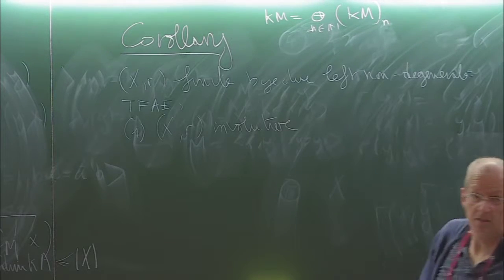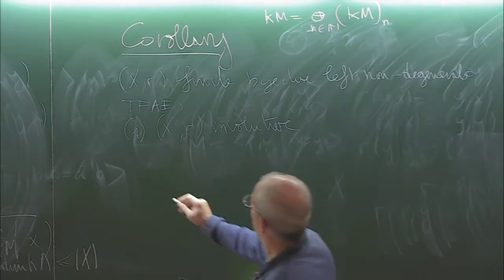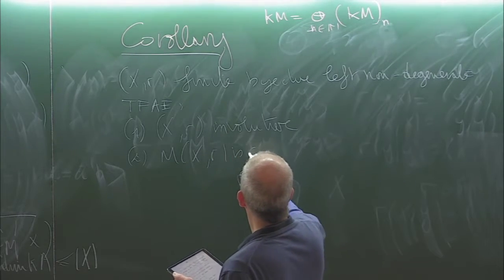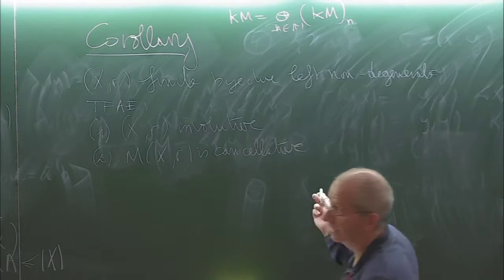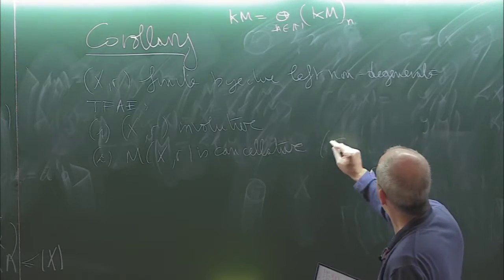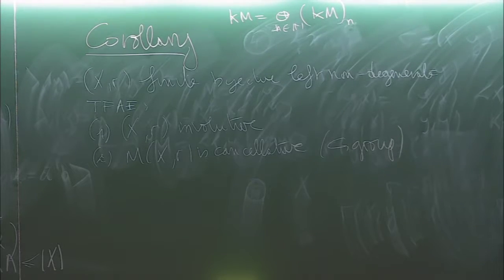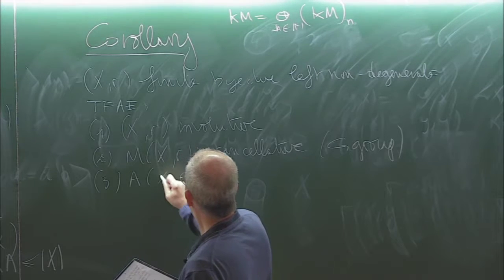So it's the situation considered by Etingof, Schedler, and Soloviev, Gateva-Ivanova, and Van den Bergh. It's equivalent with the monoid is cancellative. You can cancel elements. If you don't like this, it sits in a group in this case. You can translate this into the monoid A is cancellative.